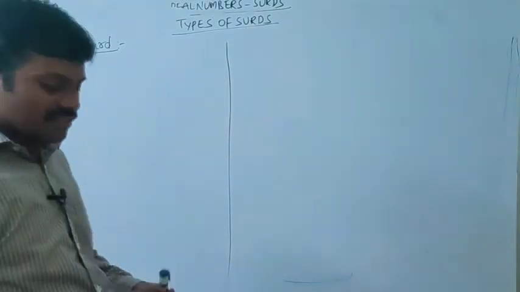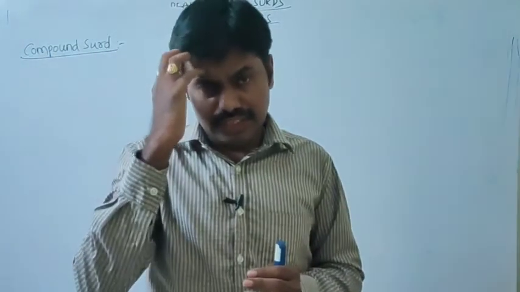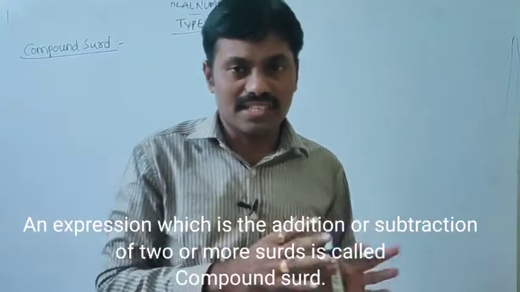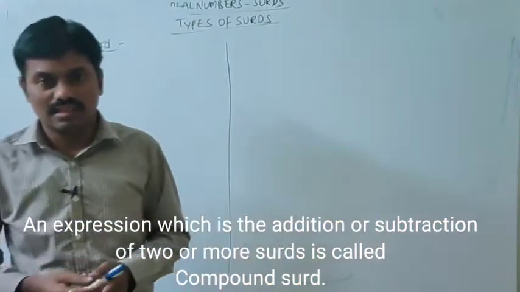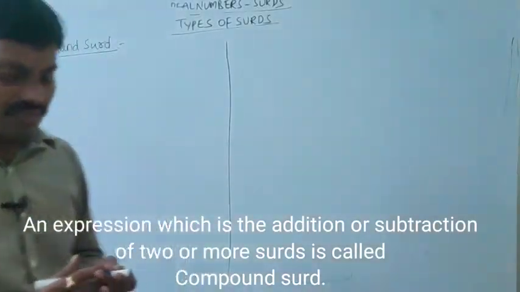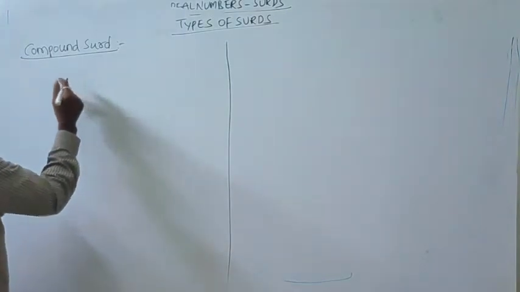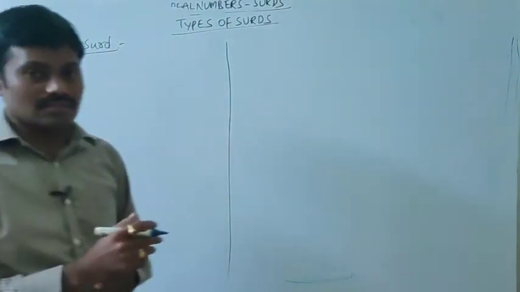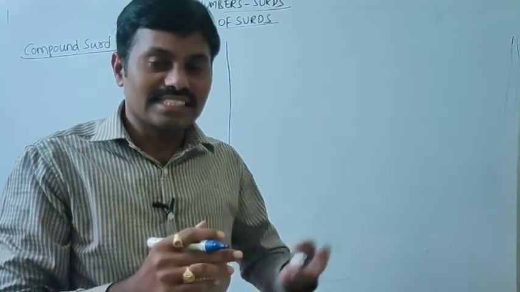See, it is also an expression, a general term in surds. It is a mathematical expression which contains addition or subtraction of 2 or more surds. What is the relation among those surds? Addition or subtraction.